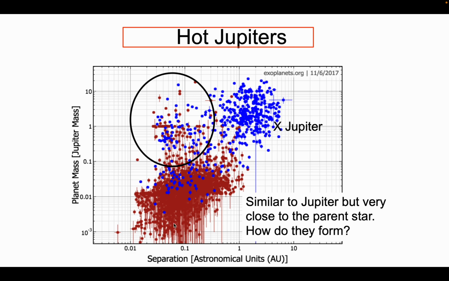They are similar to Jupiter but very close to the parent star. You will detect a large number of these planets, known as hot Jupiters. One of the main key questions is how the hot Jupiters form closer to the parent star.